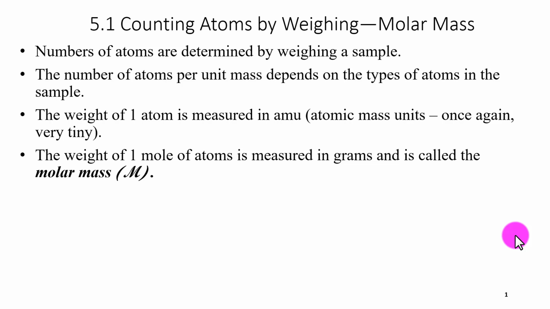We can determine the number of atoms in our sample by weighing the sample and relating it back to Avogadro's number. How many atoms I have per unit mass depends on the types of atom that I have. Let's think back to when we talked about how the atom is made.